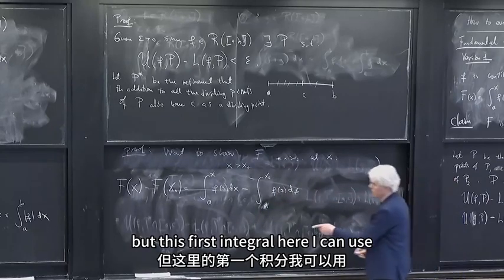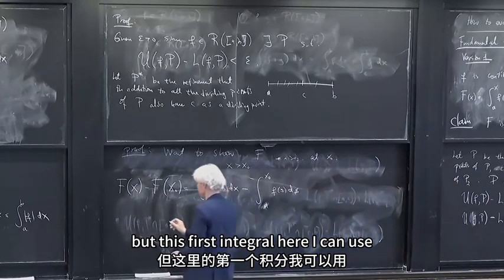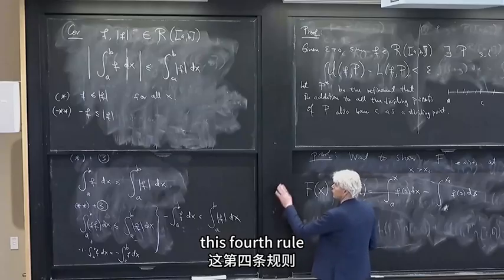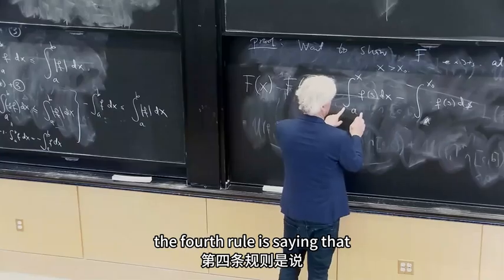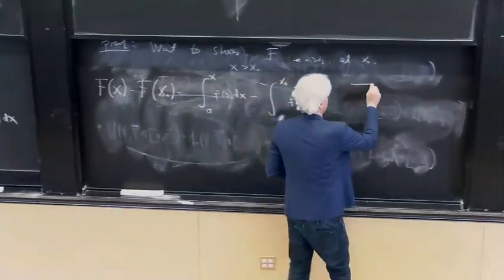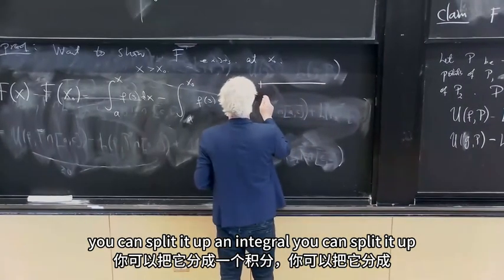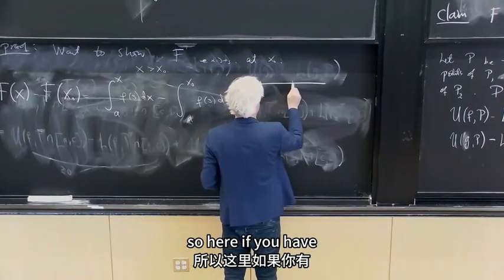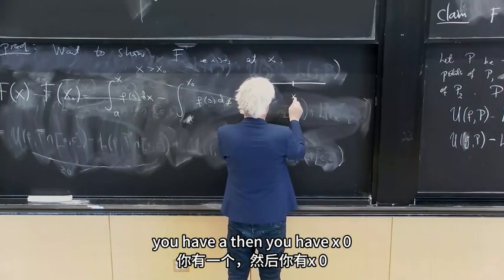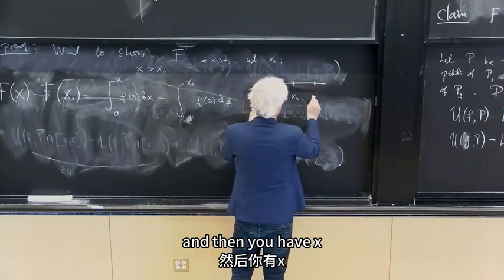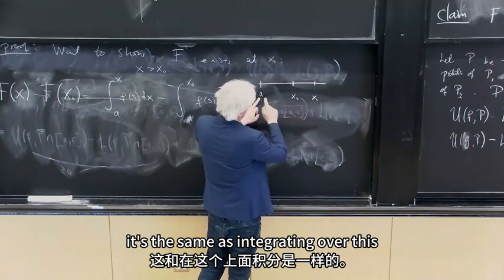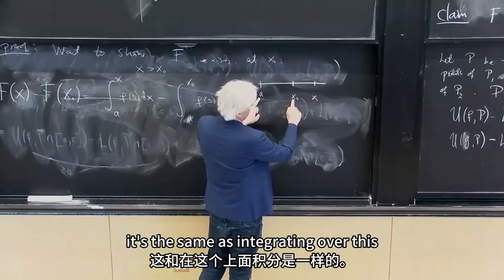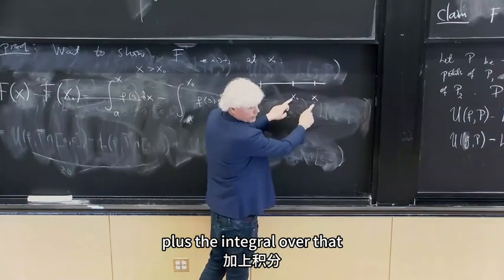But for this first integral, I can use the fourth rule, which says that you can split up an integral. So here if you have a, then x0, and then x, integrating little f over this is the same as integrating over this plus the integral over that.